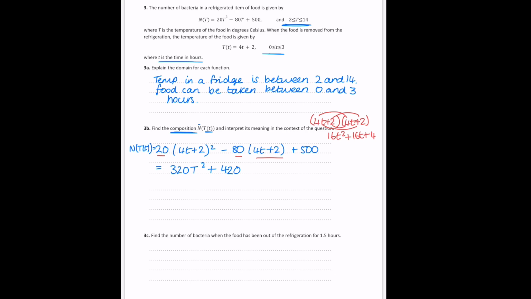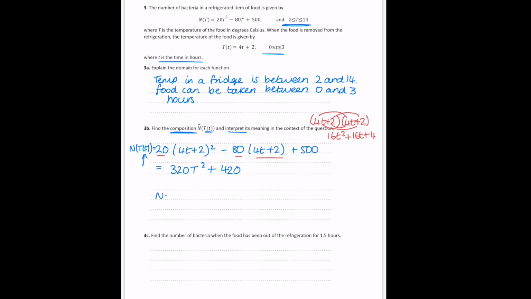And then we're asked to interpret the context of the question. This is telling us the amount of bacteria for how long it's been left out of the fridge. So this time it's for how long rather than the temperature. So it's doing the temperature to then work out the bacteria.